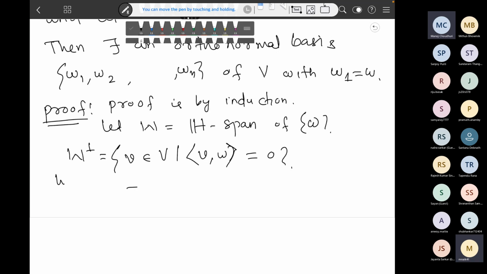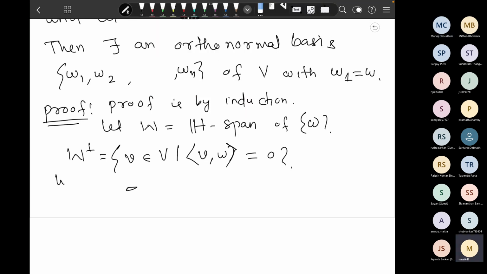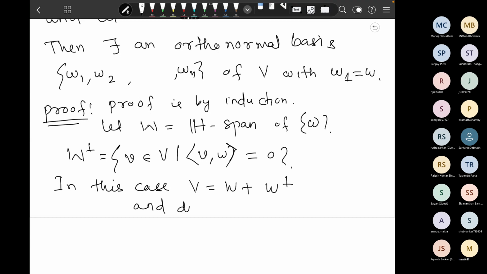In this case, V is equal to W plus W perp, and the dimension of W perp is equal to the dimension of V minus 1, by induction on the dimension of V.